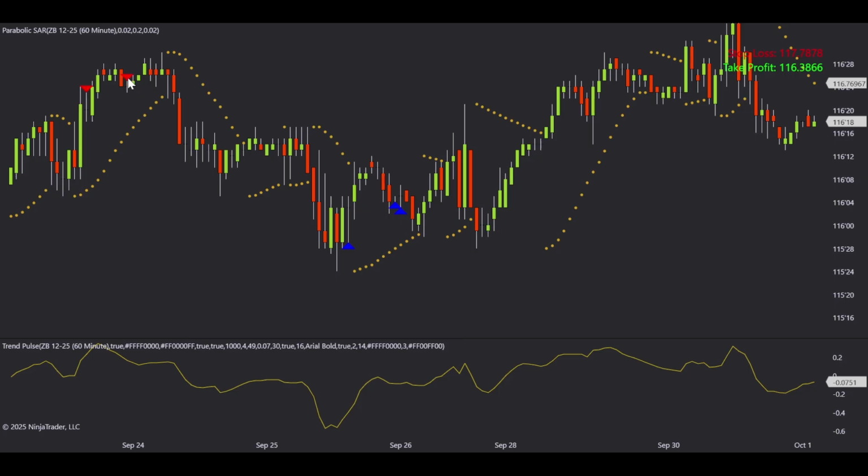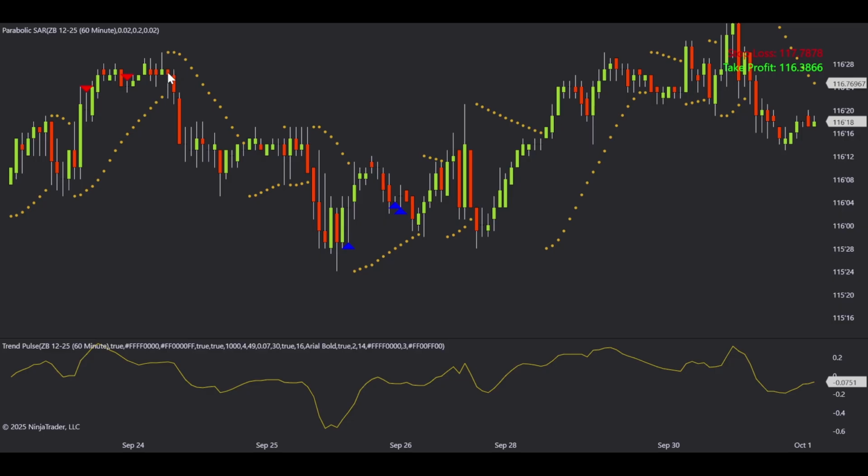So with both of these here, it is still giving us the alert to start looking for down moves. And so the trend pulse is correct in that the down move is coming very soon. And then the parabolic SAR starting here is giving that confirmation that, okay, now price is ready to start its downtrend.